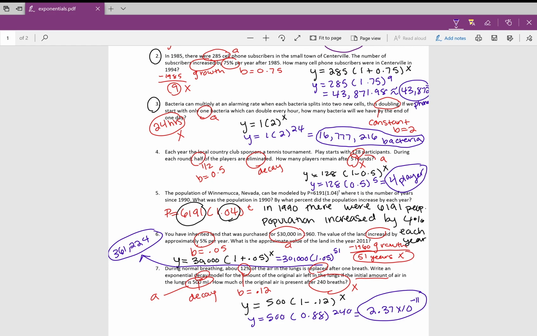What that 10 to the negative 11 means is that there are 11 zeros before that 2. So this is 0.0000, lots of zeros later, 237. So this is a very, very small amount of the original air that is left after 240 breaths. Okay, and that's it. If you have any questions, please email me.